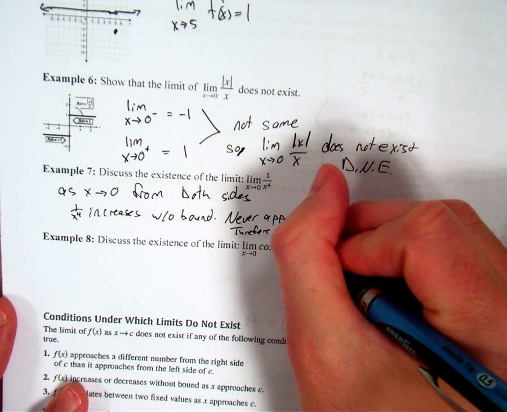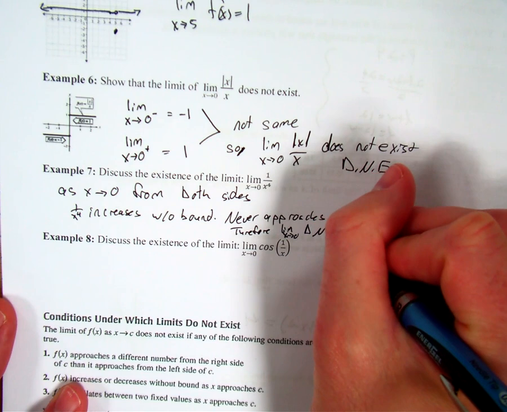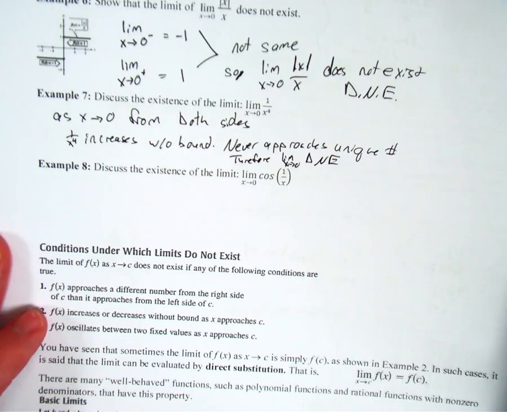Limit as x approaches 0, DNE, does not exist.